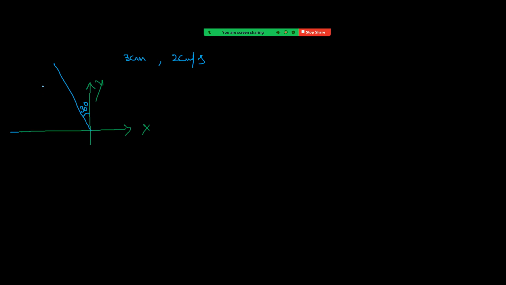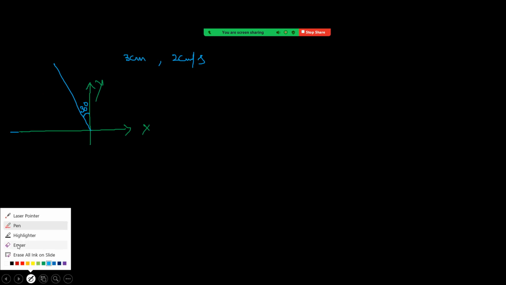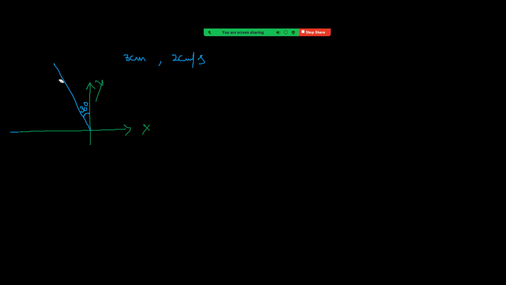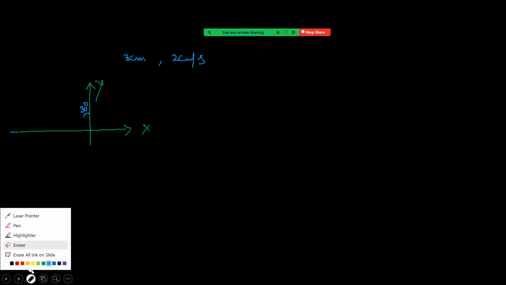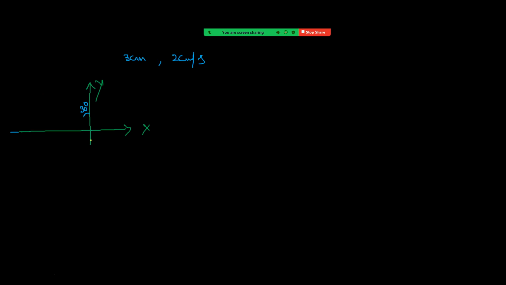Let us make the length of the mirror a little bit smaller to make the diagram clear. Suppose this is now the mirror, okay, length is 3. Now see how long the insect can see its own image.